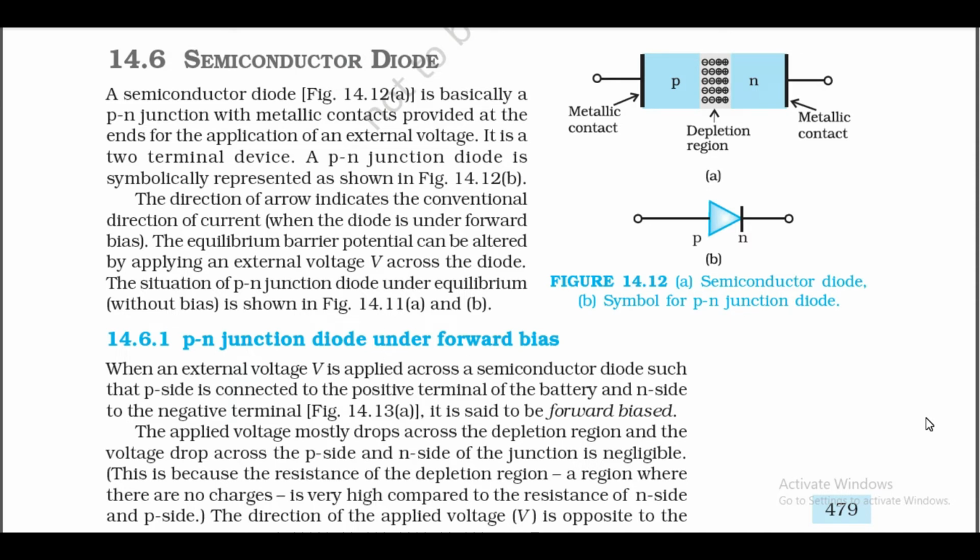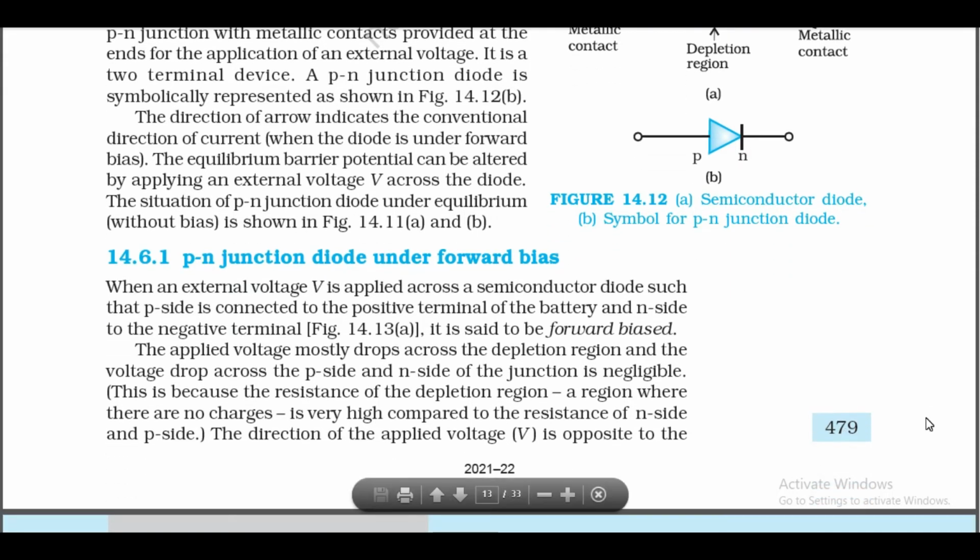The direction of the arrow indicates the conventional direction of current when the diode is under forward bias. The equilibrium barrier potential can be altered by applying an external voltage V across the diode. The situation of a PN junction diode under equilibrium without bias is shown in figure 14.11a and b.